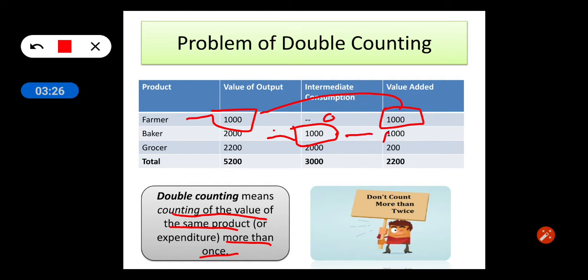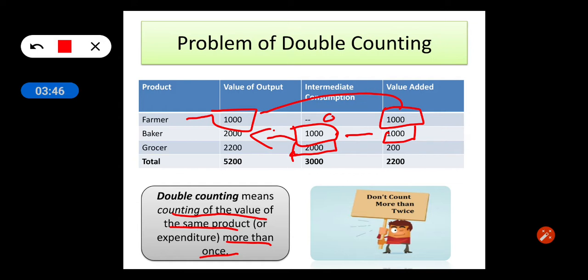Let's say he added the value of rupees 1000, and now the value of bread is rupees 2000. So now the grocer purchases bread from the baker at rupees 2000.